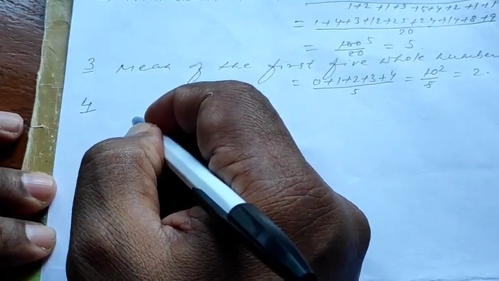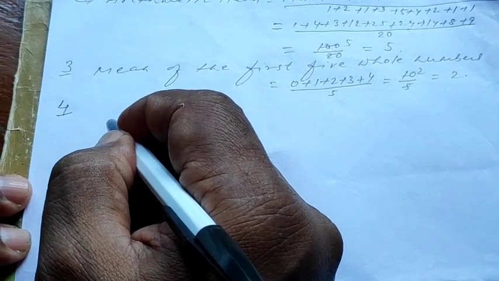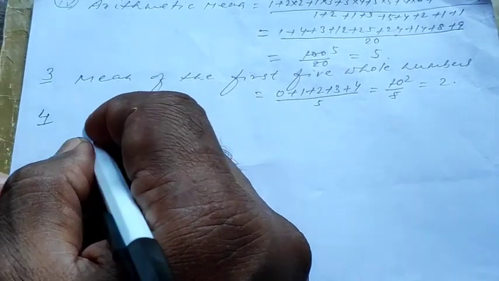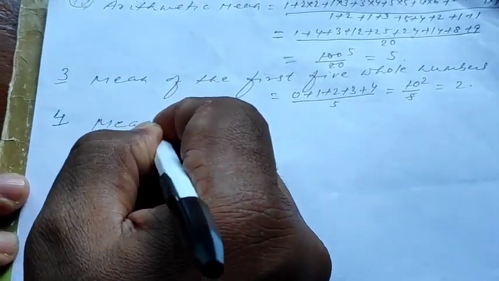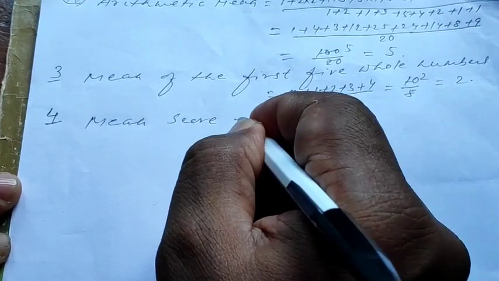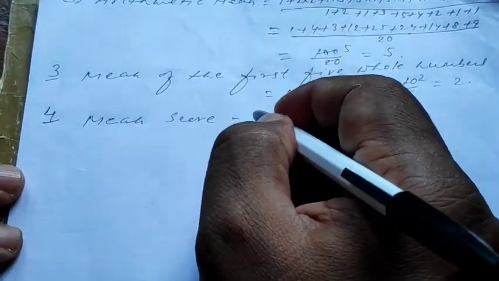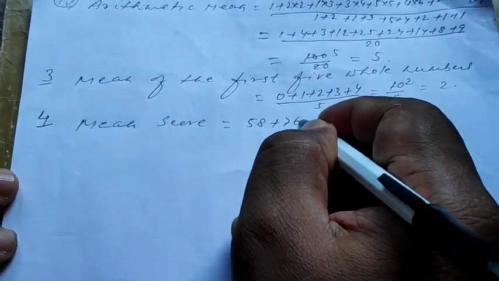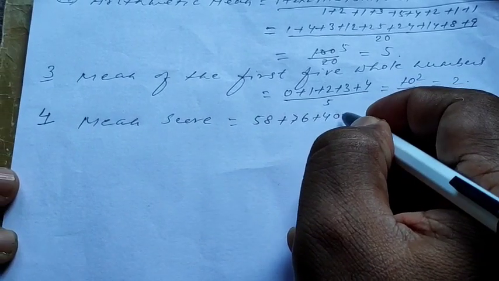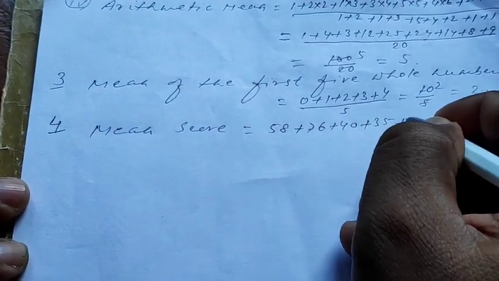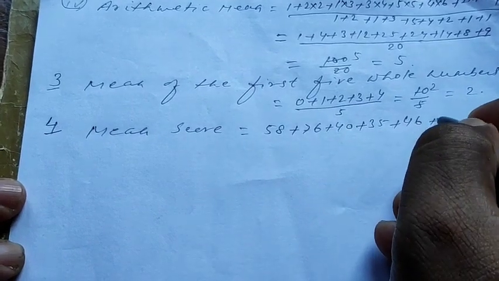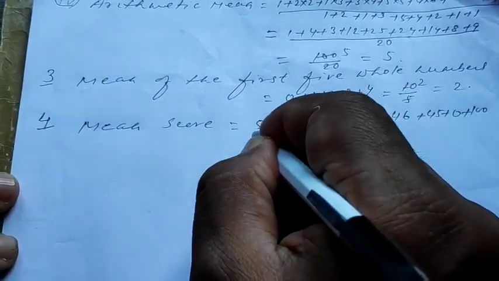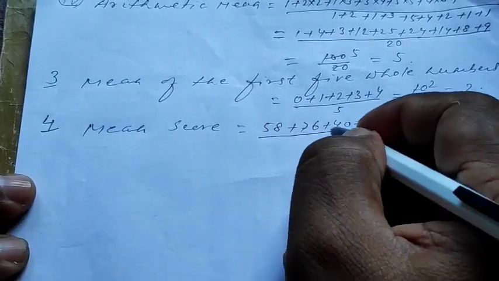A cricketer scores the following runs in 8 innings. Find the mean score. Mean score is equal to the sum of scores, that is 58 plus 76 plus 40 plus 35 plus 46 plus 45 plus 0 plus 100 by 8.